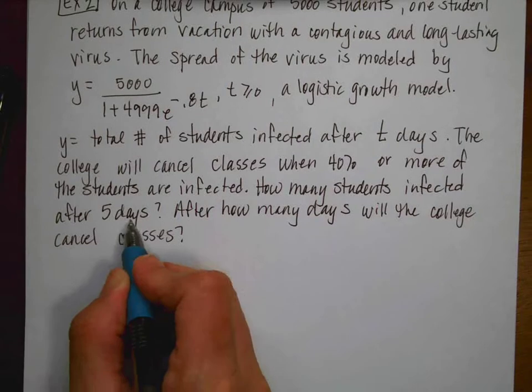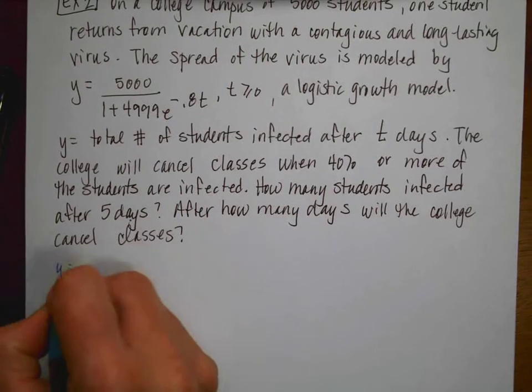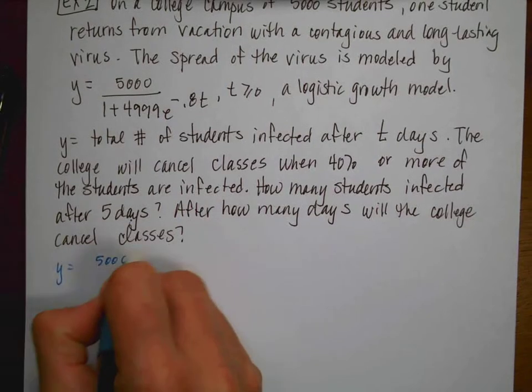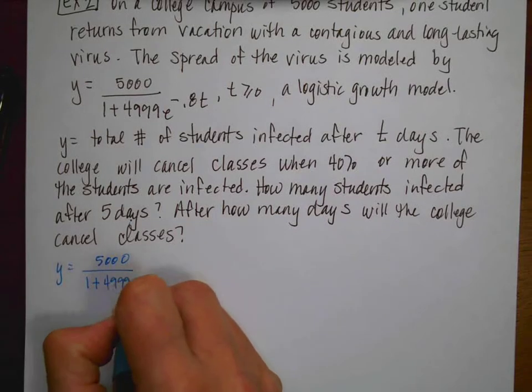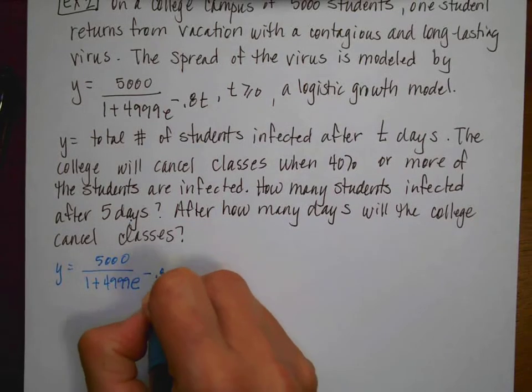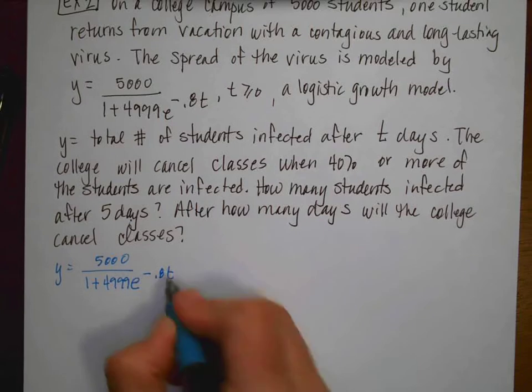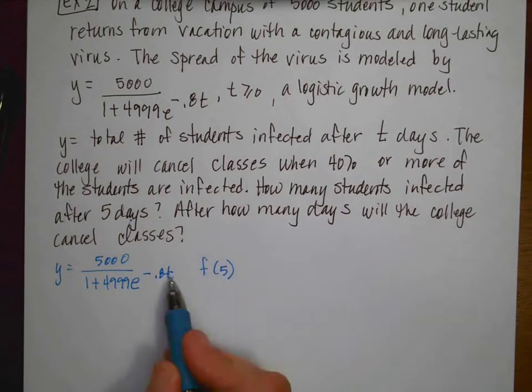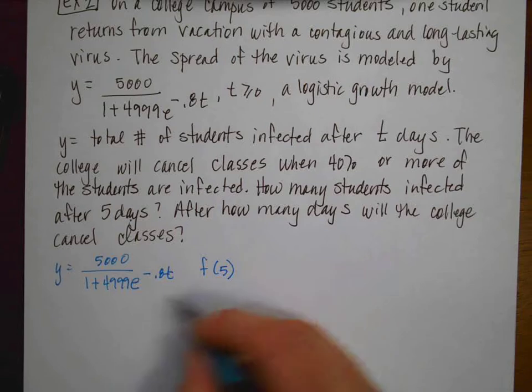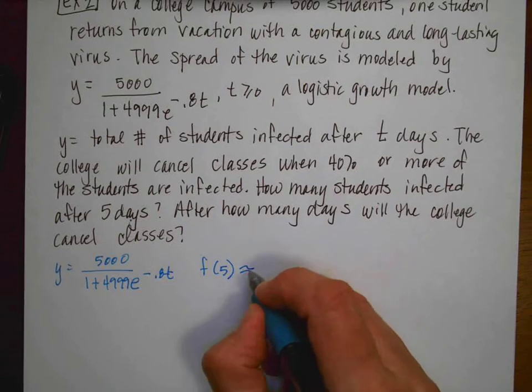All right, so the first question says how many students are infected after 5 days. So I'm just going to write my model down here just because it's handy. 5,000 over 1 plus 4,999 e to the negative 0.8t. So all I'm going to do is f of 5, substituting the 5 into this equation.